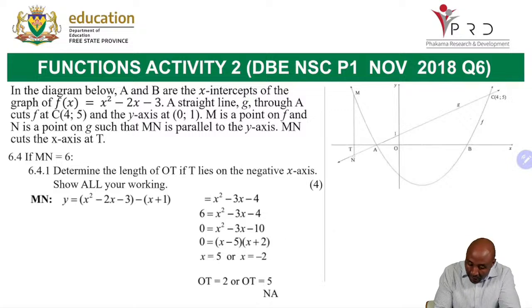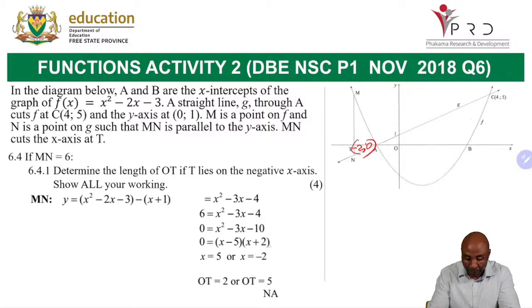So if this is negative 2, it means our x value along the line MN is negative 2, and that point T is at that point, so the coordinates here will be (negative 2, 0). And we are saying the distance OT is 2 units in the negative direction. Because it's a distance, we ignore the negative sign, because distance is a scalar quantity, it has magnitude.